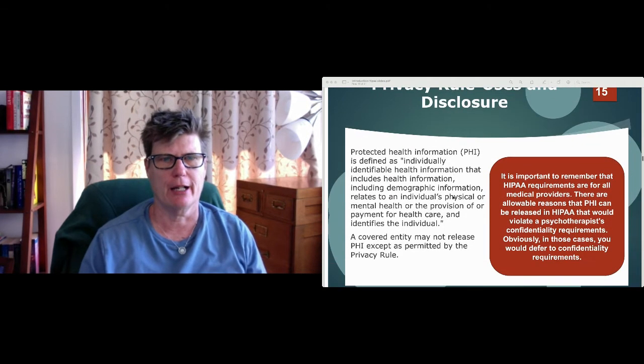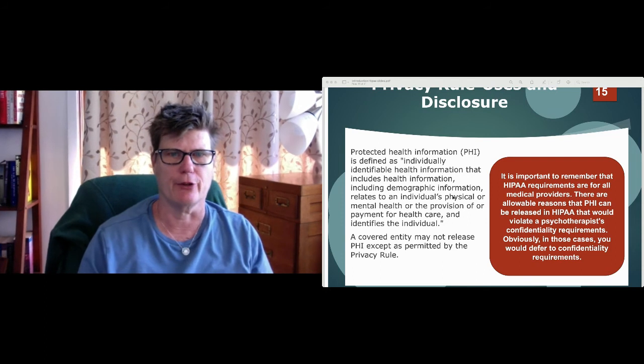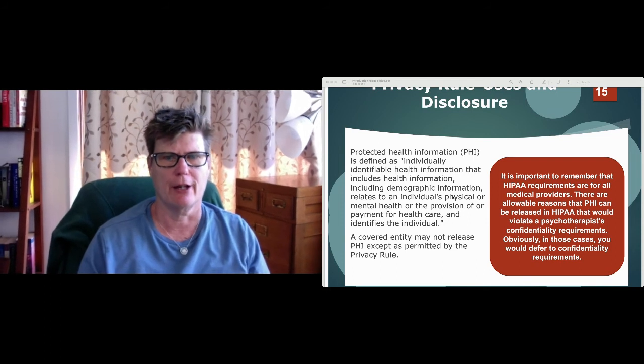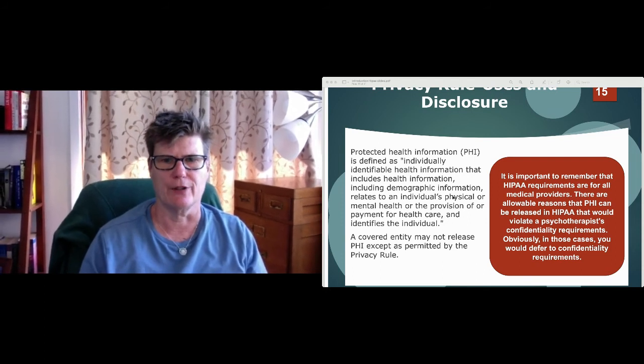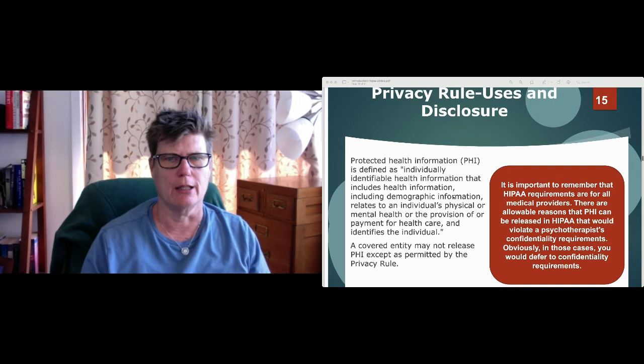So protected health information, which is going to be known as PHI, is defined as individually identifiable health information that includes demographic, related to physical or mental health, or the provision of payment for healthcare. And a covered entity under the HIPAA rules cannot release PHI except as permitted by the privacy rule.